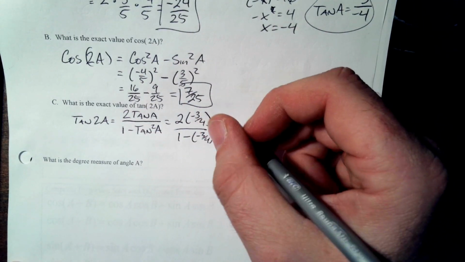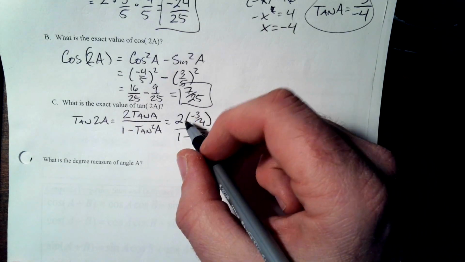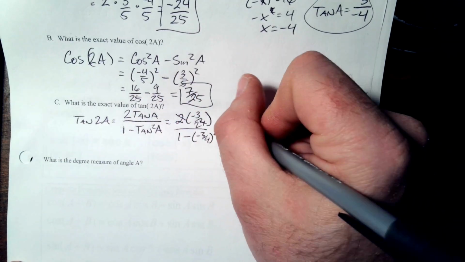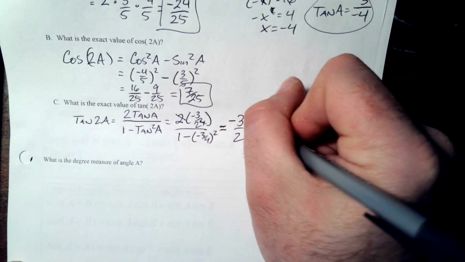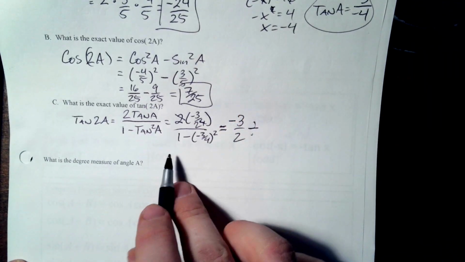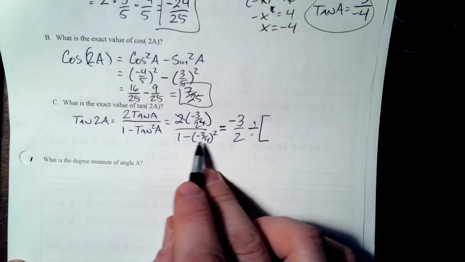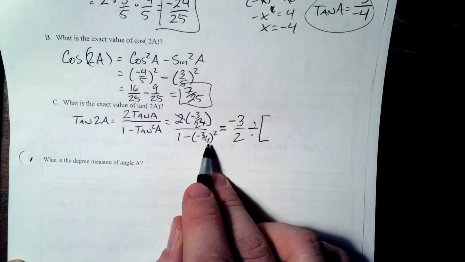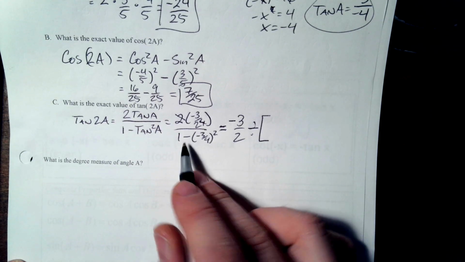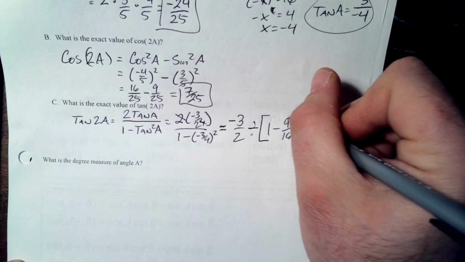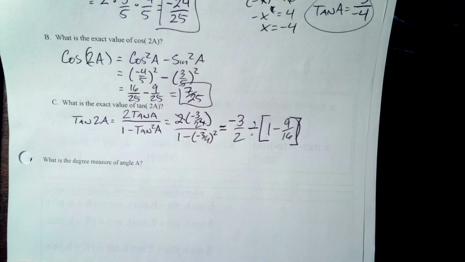We'll also simplify along the way. So 2 times negative 3 over 4, 2 and 4 can cancel down, so we'll have negative 3/2 divided by negative 3/4 squared, which is going to be positive 9 over 16, but we're still subtracting, so 1 minus 9/16.